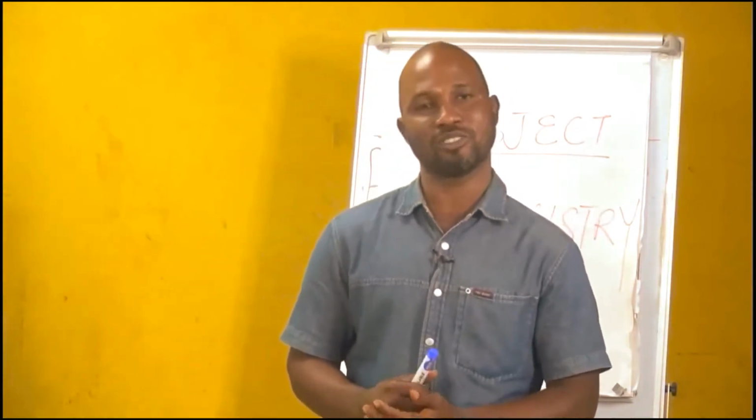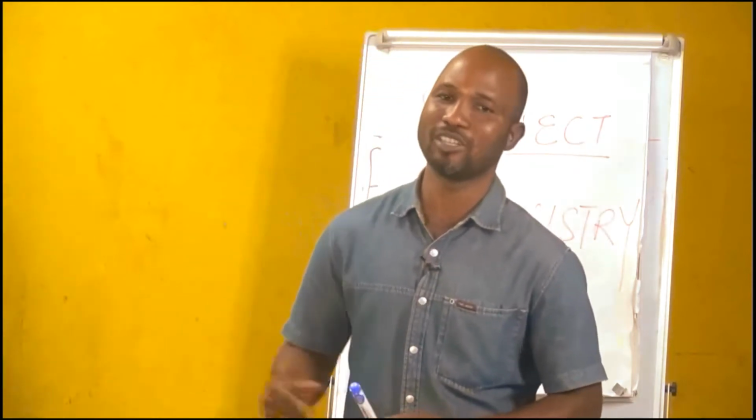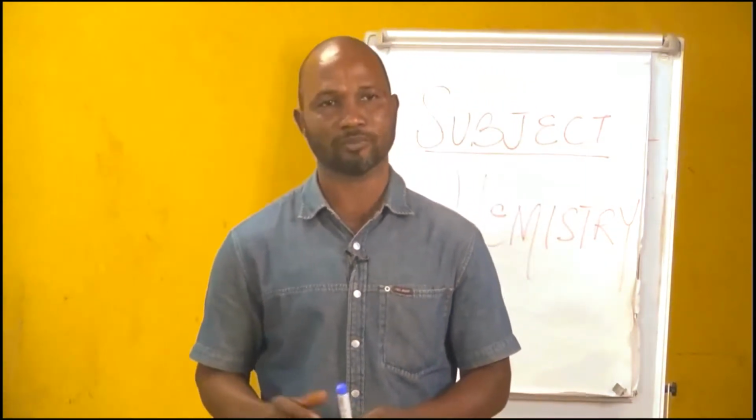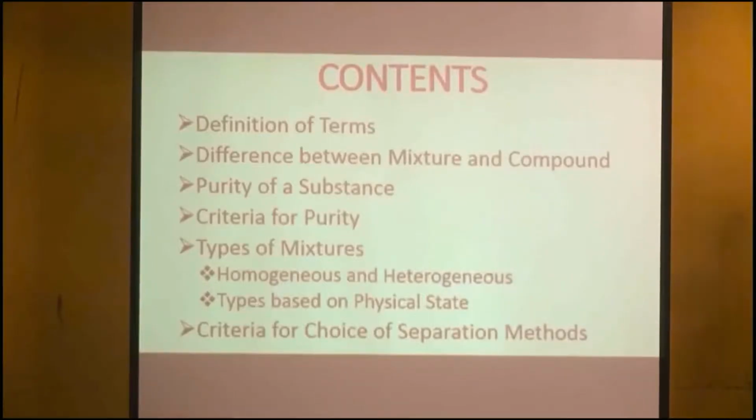I'm sure you will sit tight with your pens and papers and follow me as we go through this aspect of chemistry. Now we start by definition and stating the difference between mixtures and compounds, looking at purity of a substance, criteria for purity, types of mixtures.